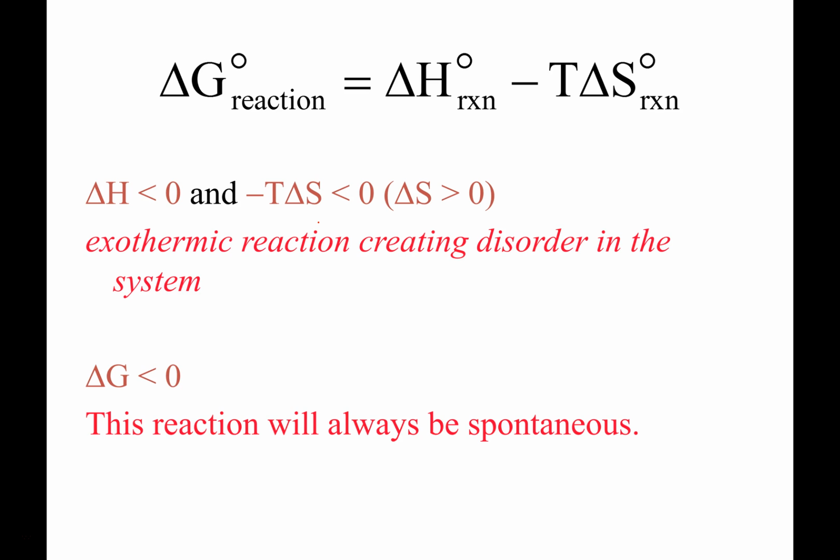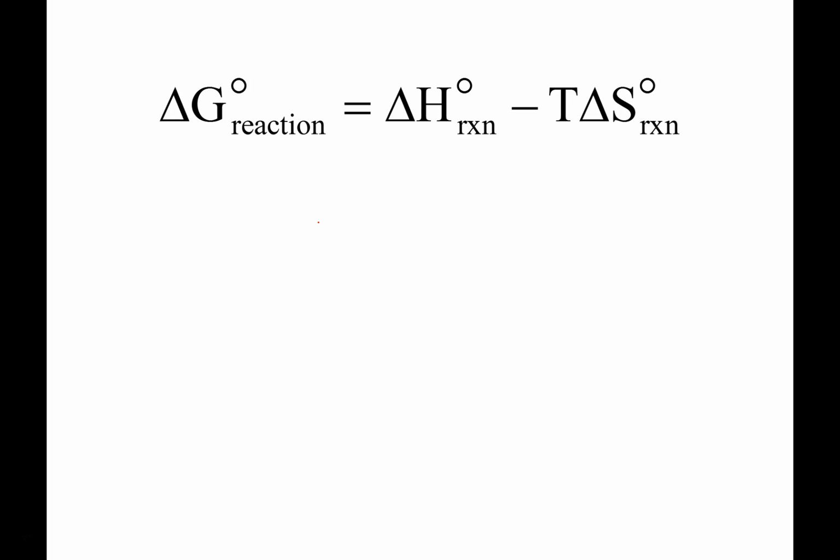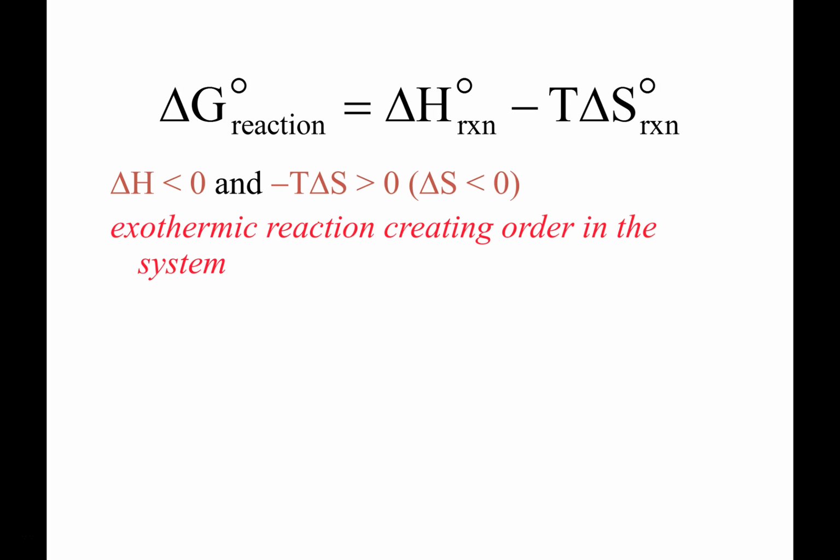Let's say, instead, that it favors spontaneity with regard to the delta H. It's negative. It's dispersing energy. But look at the delta S term here. We're going to make it negative. Okay, this is our second of 4. Now, a negative delta S means it's becoming more ordered, which disfavors spontaneity.